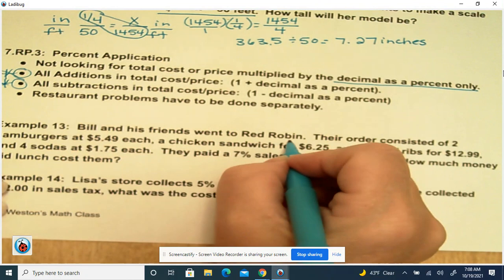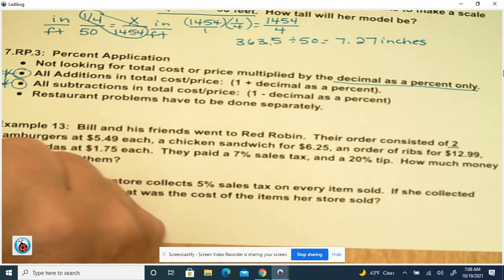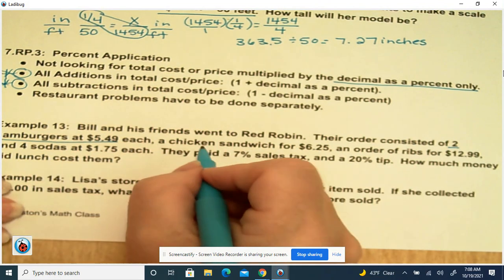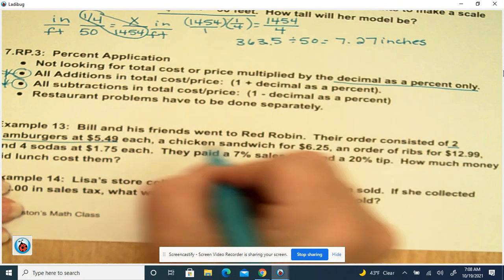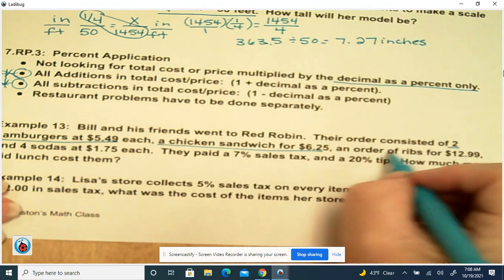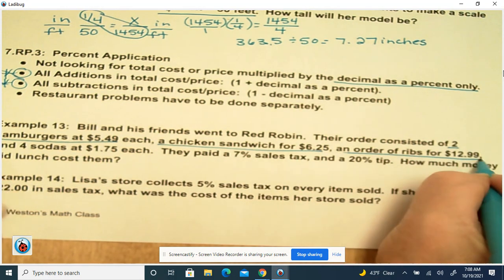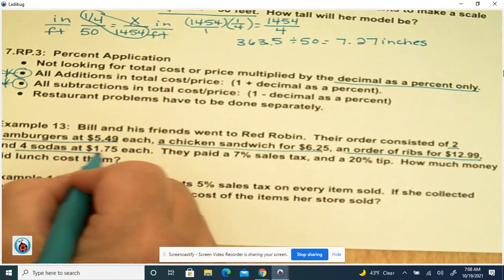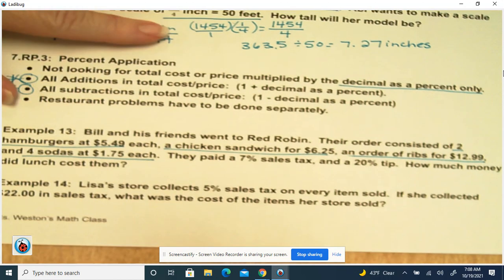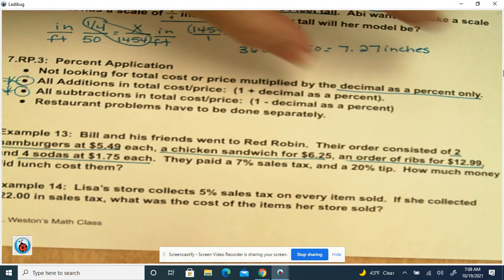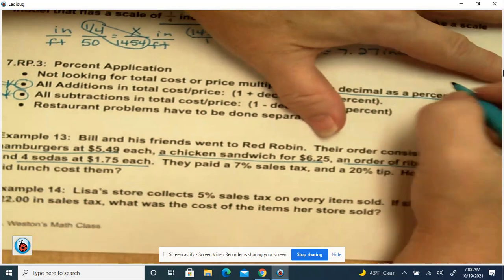Bill and his friends went to Red Robin. The order consisted of 2 hamburgers for $5.49 each, a chicken sandwich for $6.25, an order of ribs for $12.99, and 4 sodas for $1.75 each. The first thing you have to do is add up the amount to get the bill.